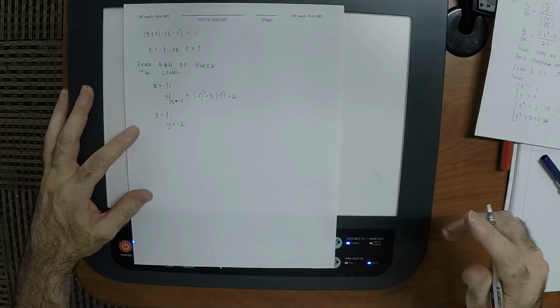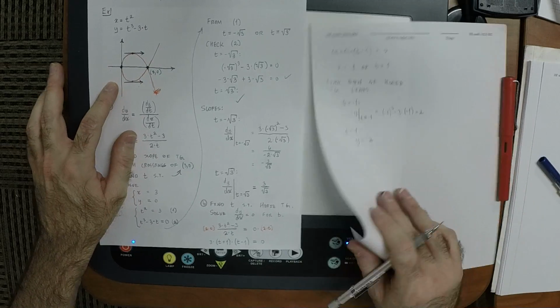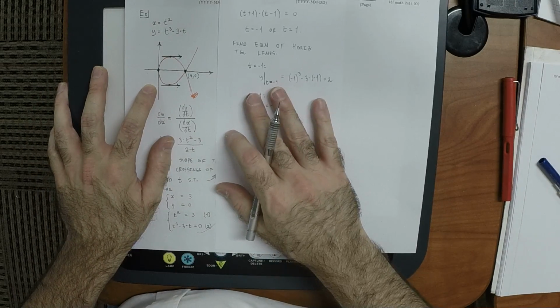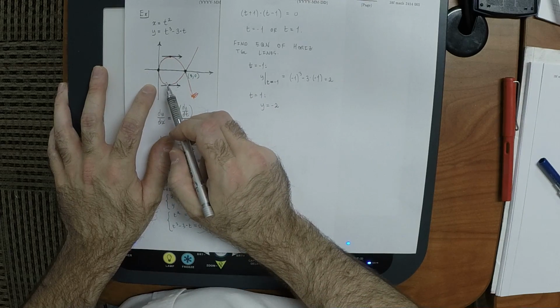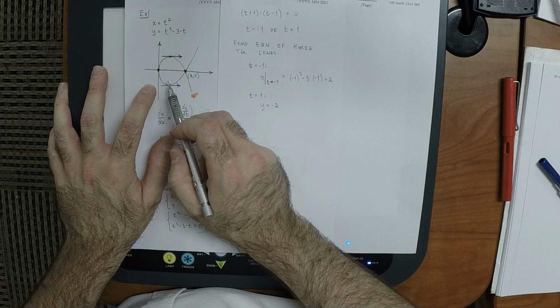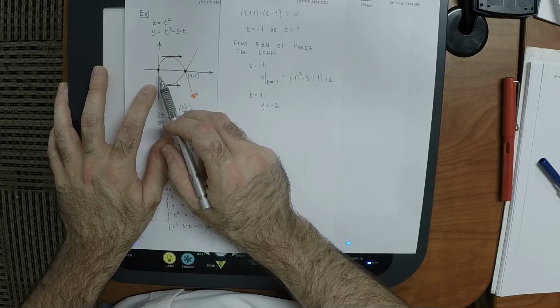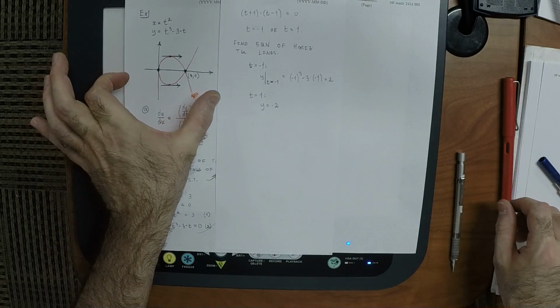All right, good. So again, concerning this picture here, we could ask, what about vertical tangent lines? Are there going to be any vertical tangents in this picture?